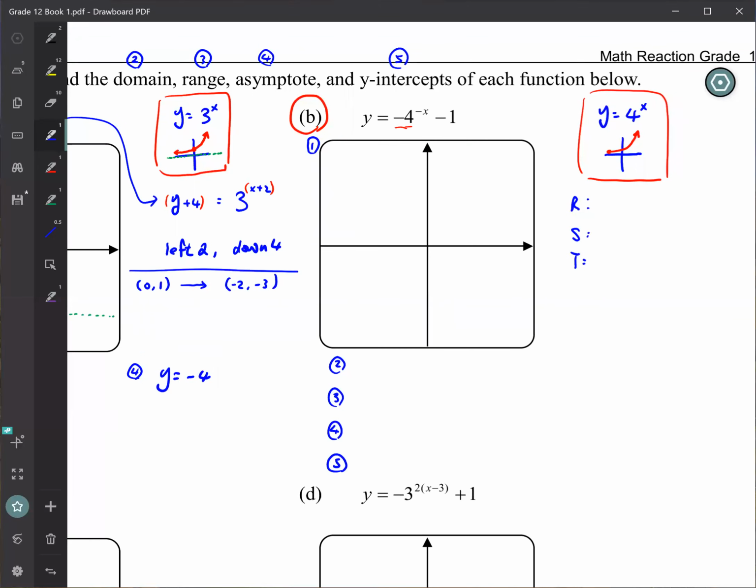Reflect over y and x. Okay, so two reflections, over y and x axis. So you need to think about what it should look like after the two reflections. That will determine the way you bend the curve. You can draw a little comic strip, if you remember, to show how it changed after each reflection.